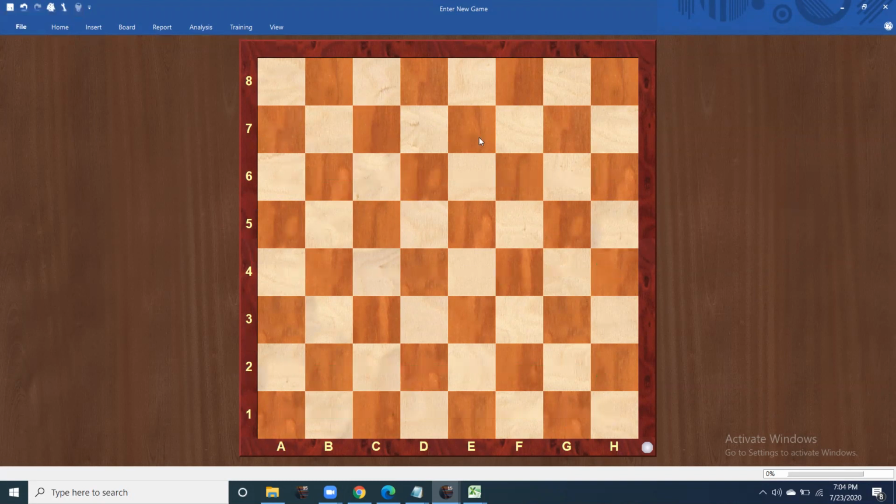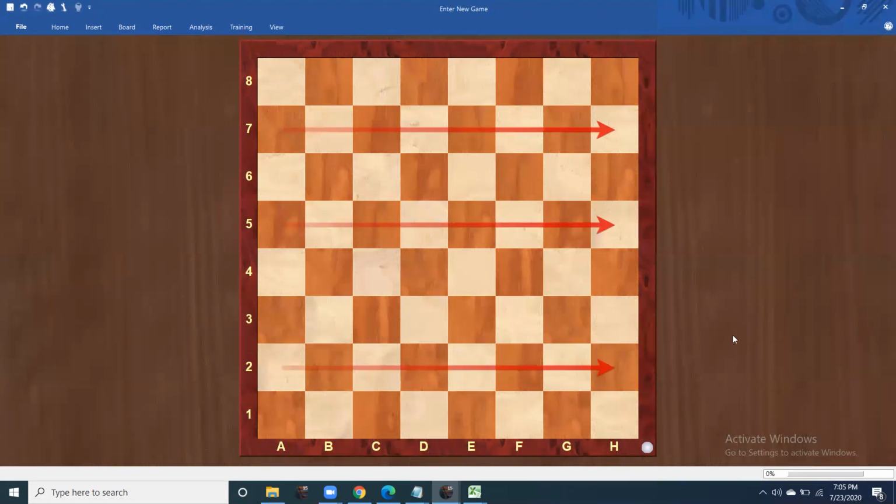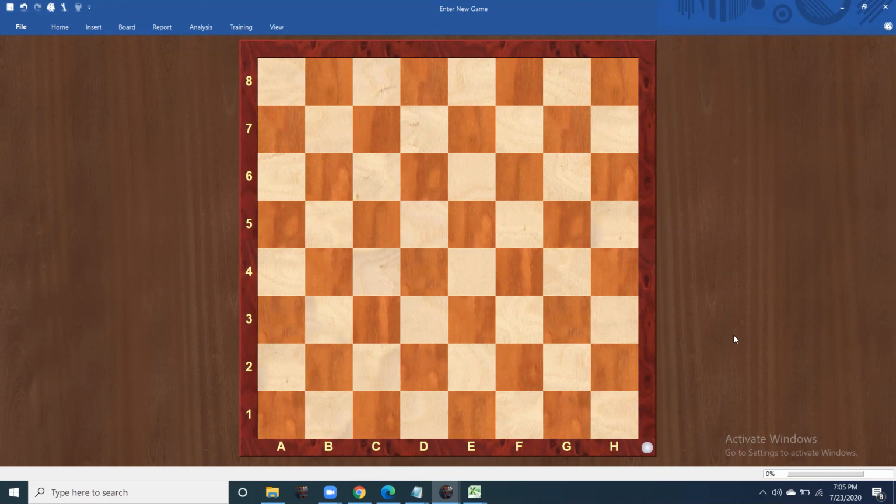If someone asks you what is this rank, it's the 7th rank. What is this rank? 5th rank. What is this rank? 2nd rank. So now we have learned files and ranks. Standing lines are called files, sleeping lines are called ranks.